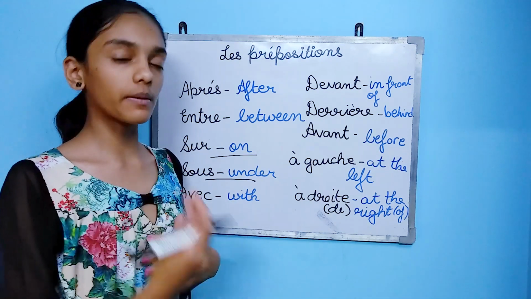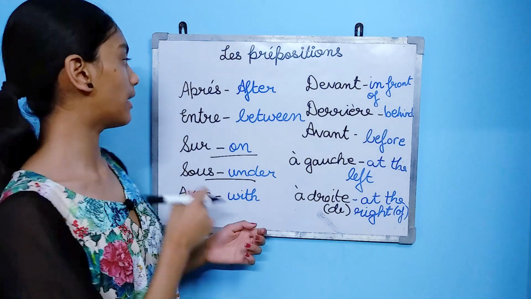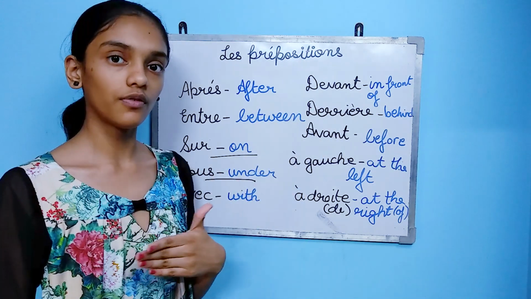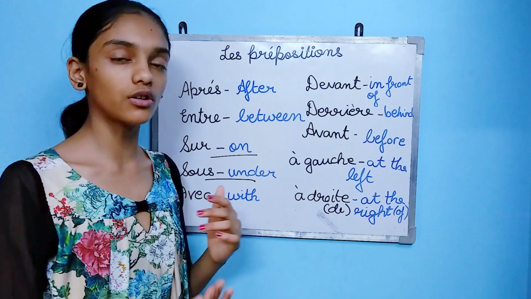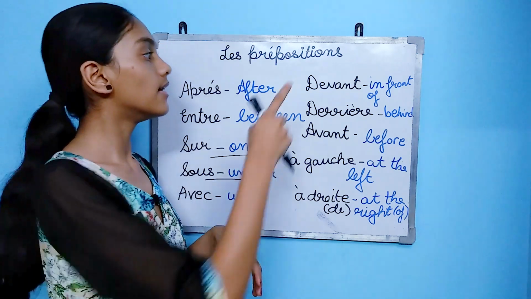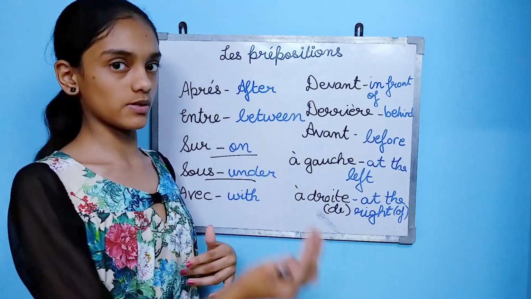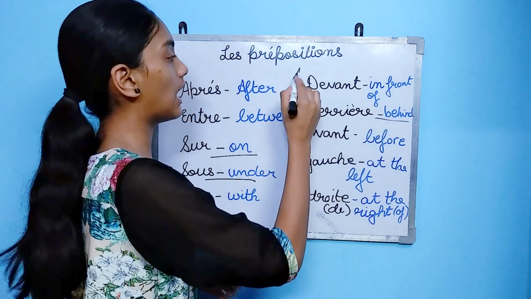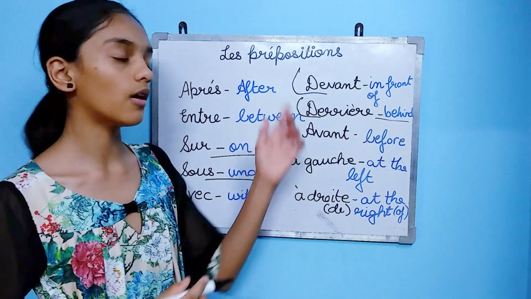Avec, which means with. Je jouais avec mes amis. I play with my friends. Devant, which means in front of. The school is in front of my house. L'école est devant mon maison. Derrière, which means behind. Again, these two are the opposites.